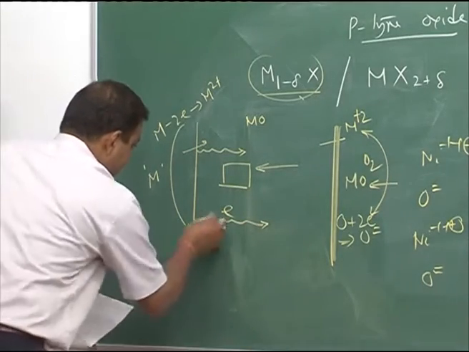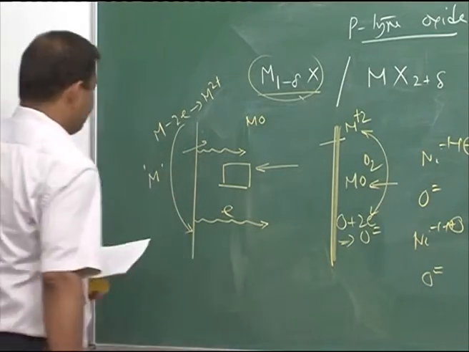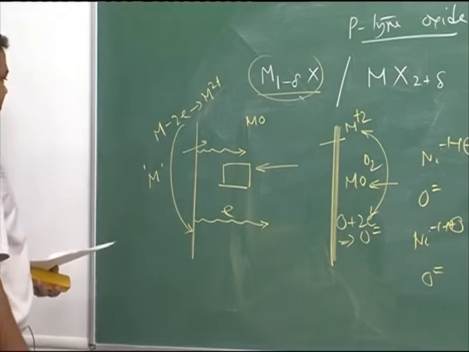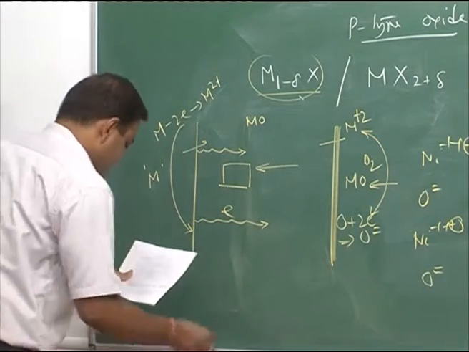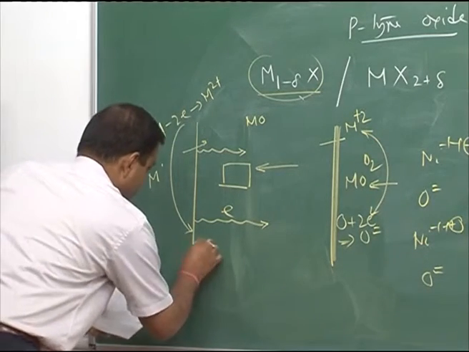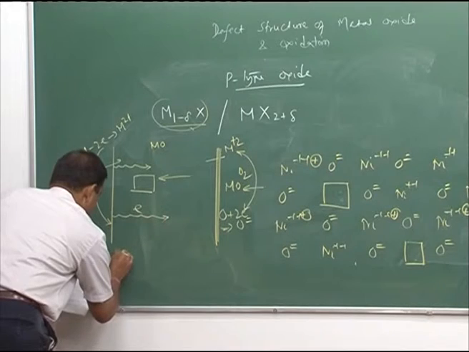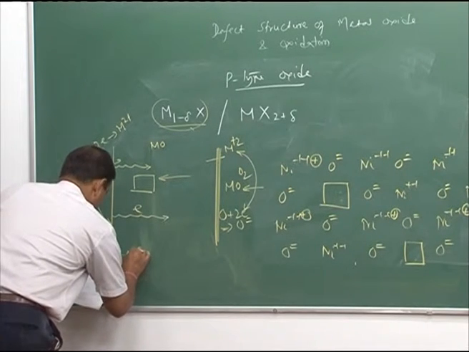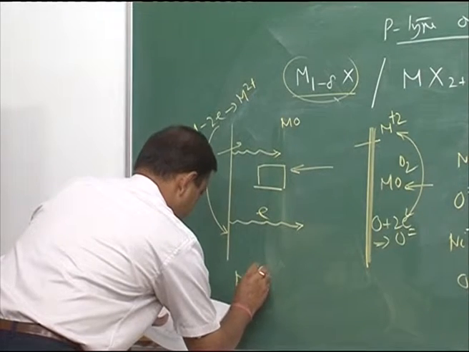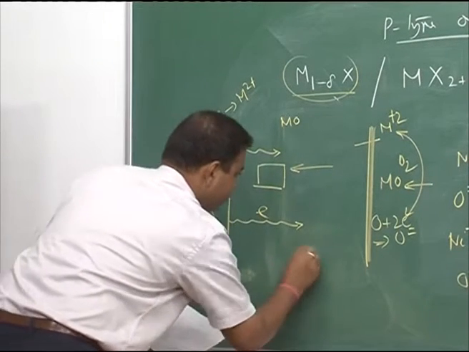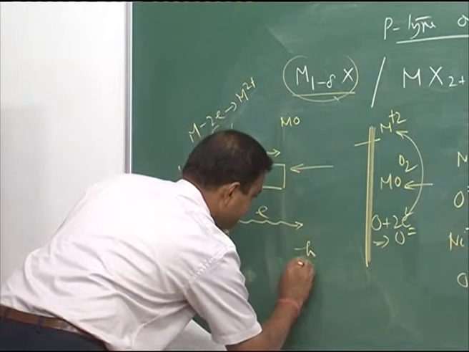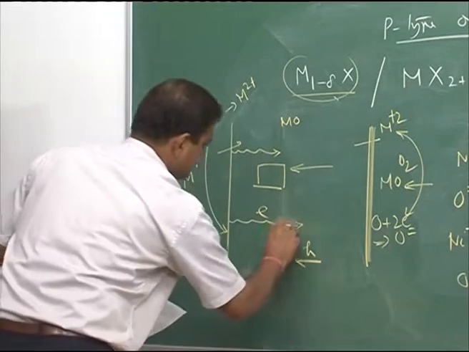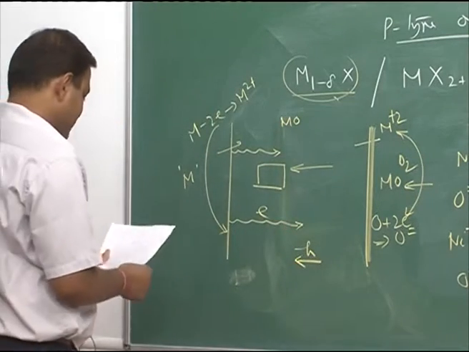Now, here we have 2 electrons which are coming through the metal to the other section, and so also we have a hole here. So, the hole will try to move this way and the electron will try to move this way.